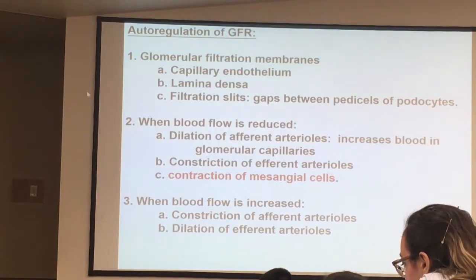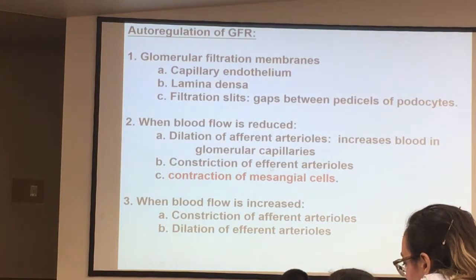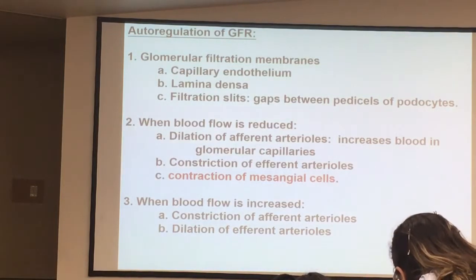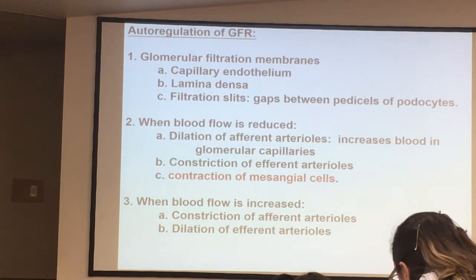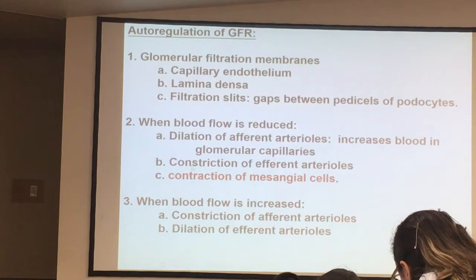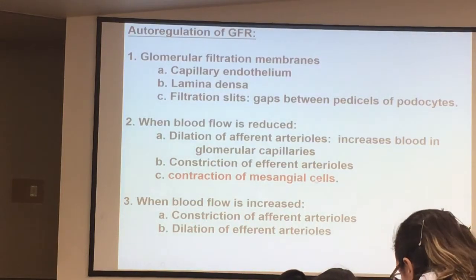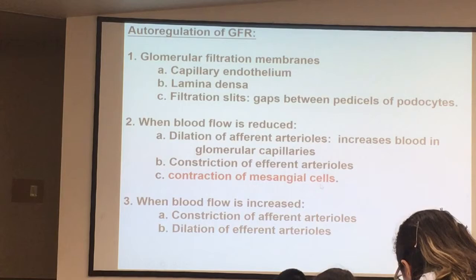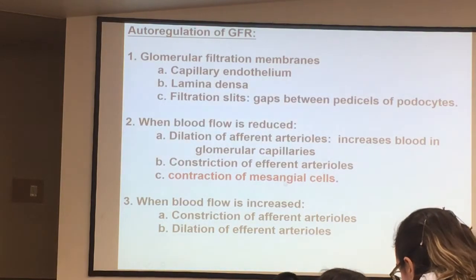So if the flow is reduced, we open the afferent arteriole wider to increase the water coming into the glomerular capillary. And we constrict the efferent arteriole, so when blood goes out, it slows down, and there is more time in the Bowman capsule to remove the urea by filtration. And also contraction of the mesangial cell. What is this cell? That's a new term in the new edition.